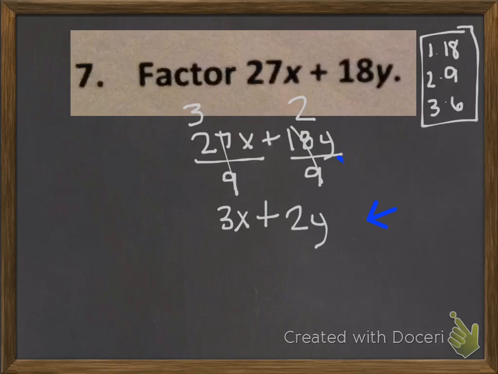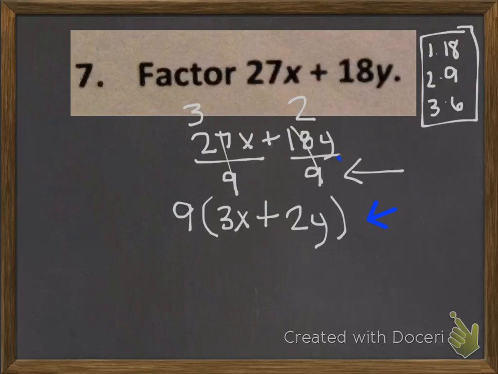And so we need to do something with that, which means that we are going to take this 9 and we're going to put it in our answer. So whatever we divided by, we're going to put at the front of our quotient that we got when we divided by 9.